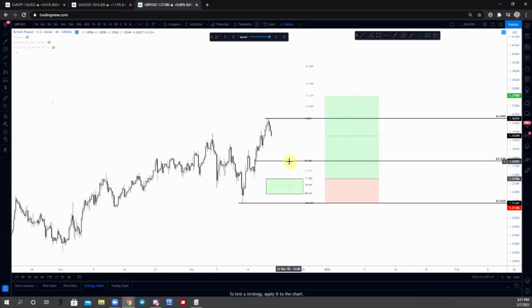Now that 50% would be after we had a $20 increase from here at 2020 and price increased to 2040, and we were looking to buy when price retraced 50% at 2030.